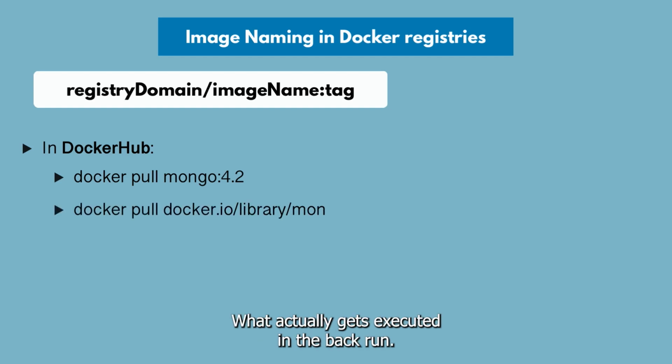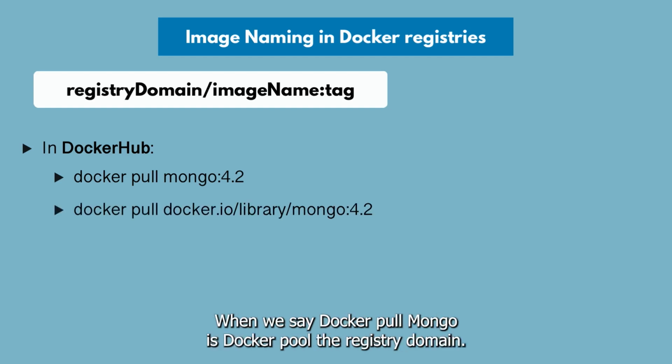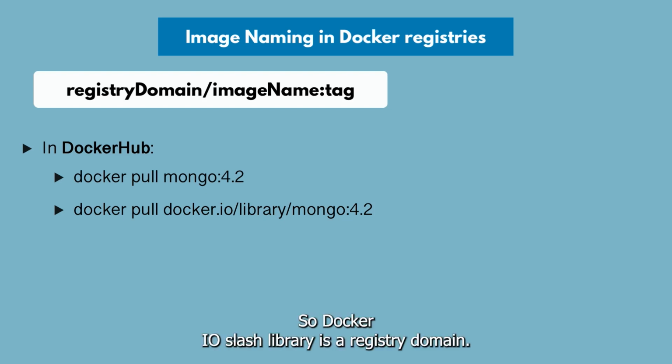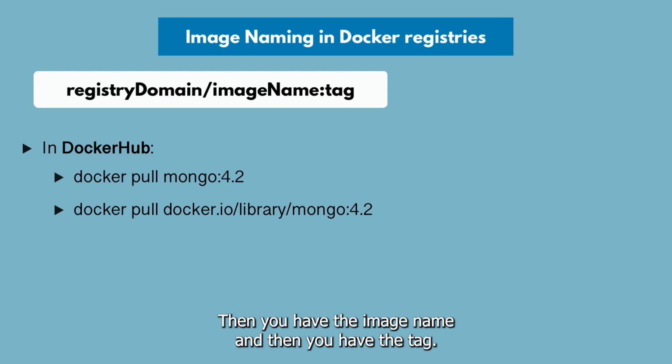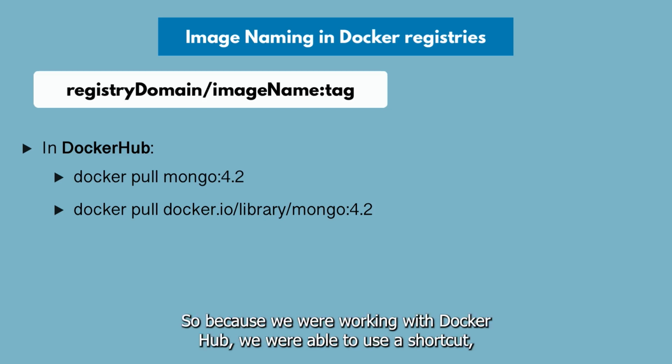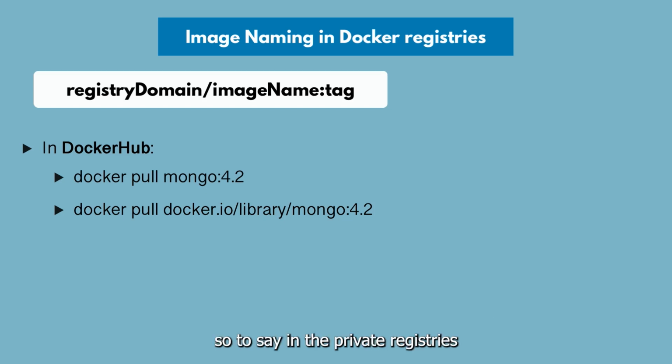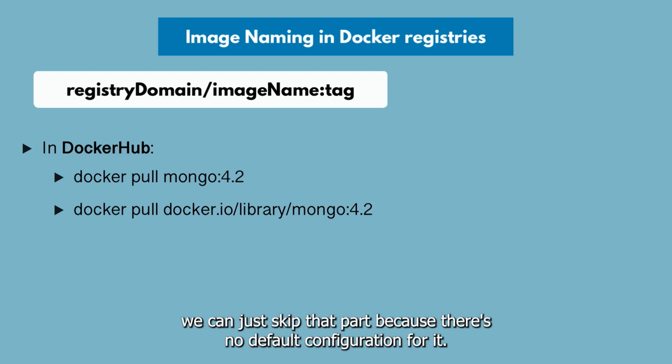What actually gets executed in the background when we say docker pull mongo is docker pull, the registry domain, so docker.io/library is a registry domain, then the image name and then the tag. Because we were working with Docker Hub, we were able to use a shortcut, so to say. In private registries, we can't just skip that part because there's no default configuration for it.